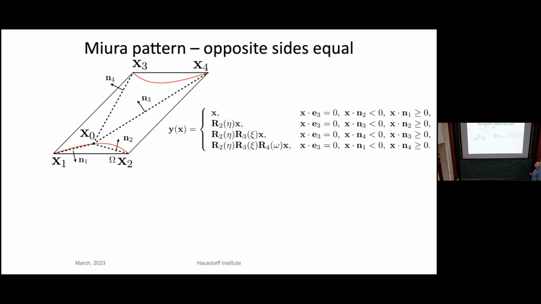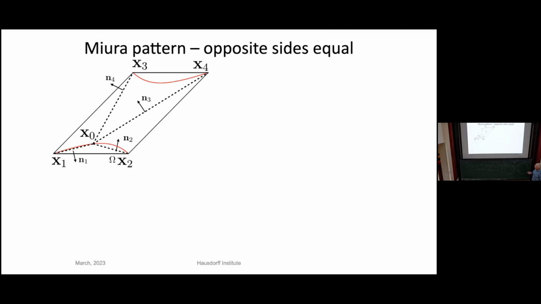Then there are also these two red curves, obtained by trigonometry using the law of cosines. They're the locus of points where I can put x0 and the sum of opposite angles will be pi.